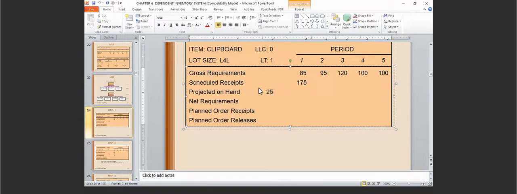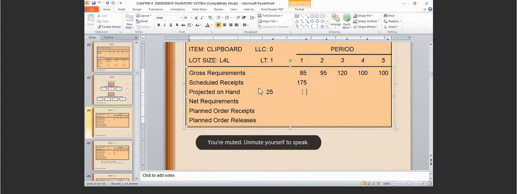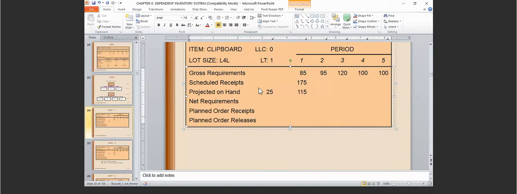So we have 200 units of inventory total for period 1. But in period 1, we only need a gross requirement, or production quantity, of 85 units. So at the end of period 1, there will be a balance of inventory of 100. How much? 100, sorry, 115, right? So we have 115 at the end of period 1.